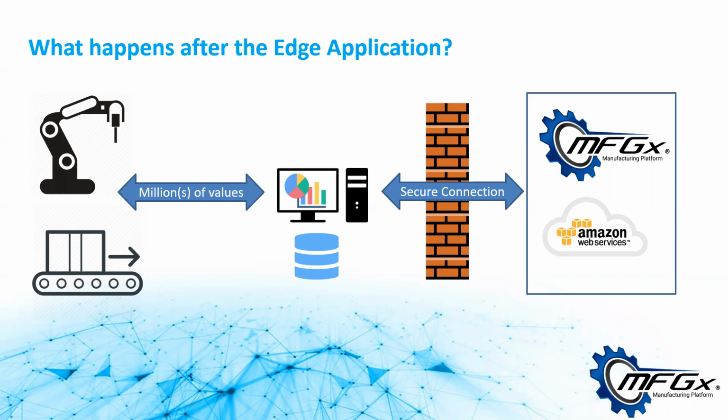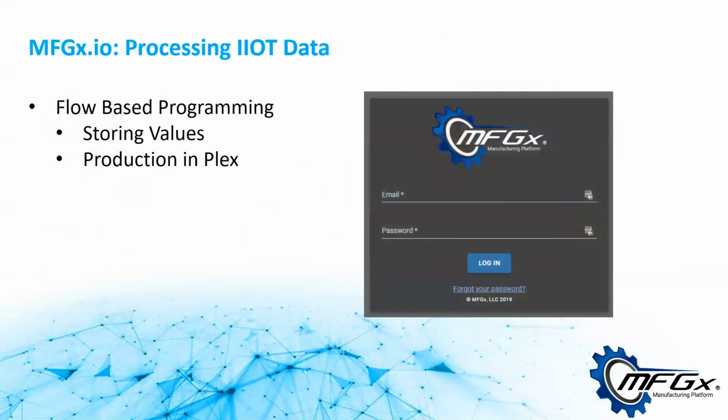So the MFGx platform runs on hundreds of dedicated services on AWS, or Amazon Web Services, in the cloud, ready to go. So processing of all of that IoT data is handled by our platform, and our platform uses flow-based programming to handle events into and out of our system.